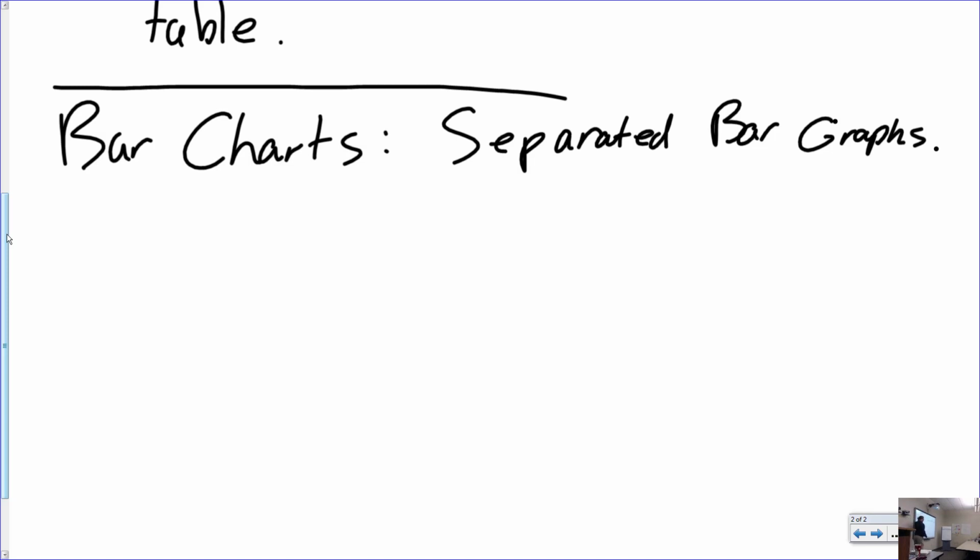I would like to think that you guys would know how to do a bar chart without me really explaining it. But a bar chart is where you draw a bar for each frequency, and you label the frequency, you label the chart below. Let me just do one really fast to be safe, okay?